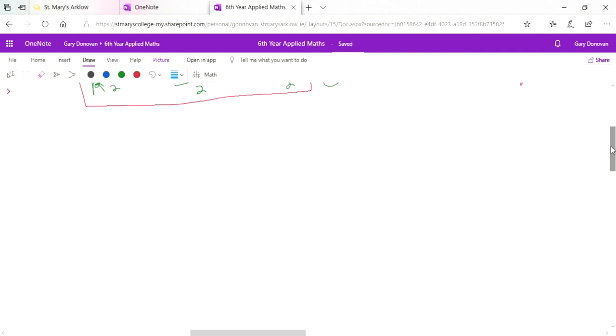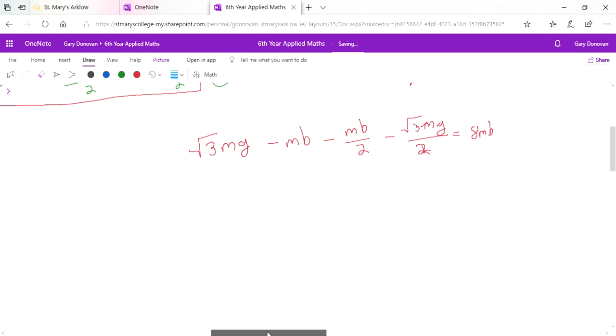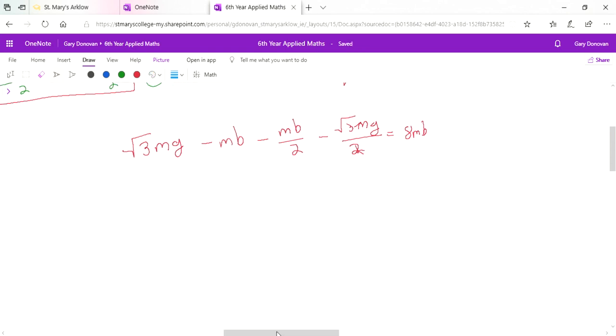So when we sub that into equation 1 it becomes root 3 mg minus mb over 2 minus root 3 mg over 2 equals 8mb. And hopefully you can see where that's come from. That was originally R1, all this bit, minus R2, all this bit, equals 8mb.